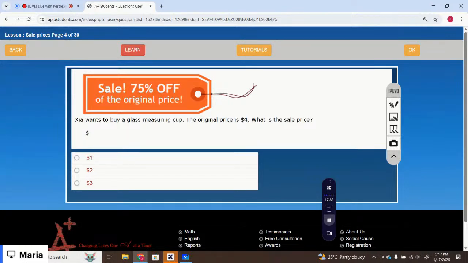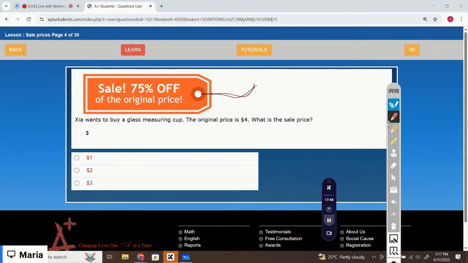So 75 over 100 times 4 is 300, and 300 divided by 100 equals 3.